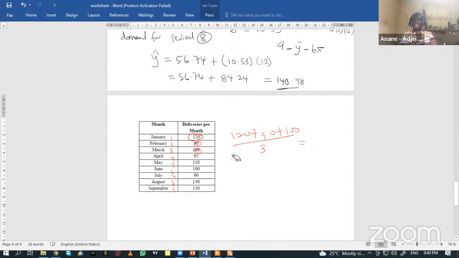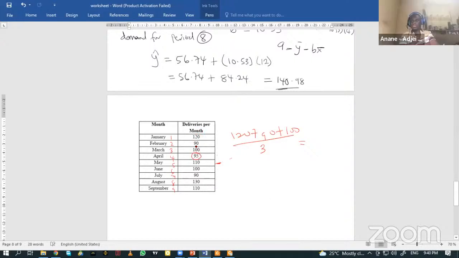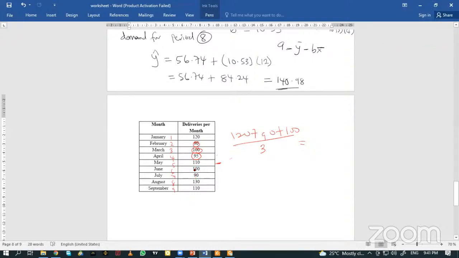So if we want to calculate for the fifth month, if you want to get the moving average for the fifth month, we will use this one, and that one. I hope you're with me. Yes, please.